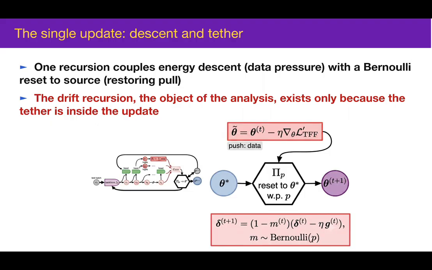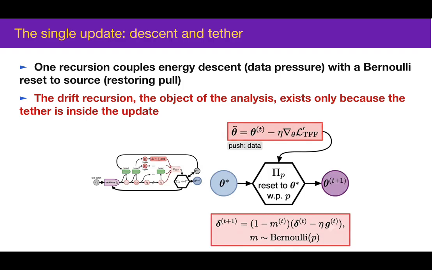And this is a closer look at that single update. On the left is the small full picture of the method before, and on the right side is the zoom in. In one step, two things happen at the same time. First, the data pushes the parameters away from the source, and that is the energy descent, or the push. Second, the tether pulls them back, or the pull.